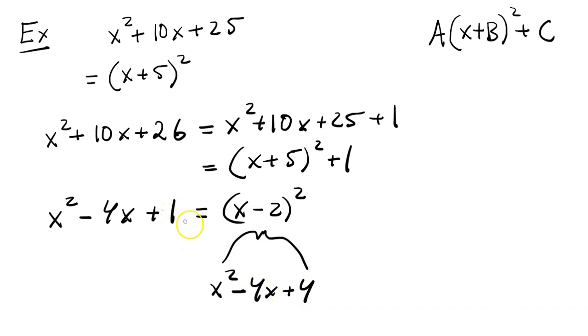So you say it doesn't match directly. We got 4 here, but we wanted only 1. But if we just subtract 3 on this side, now it works. Because now this is this, and we subtract 3 from that, this will become 1. So now we have equality for these two sides. So I can work like this. Okay, so this is how I do it if the constant doesn't match.